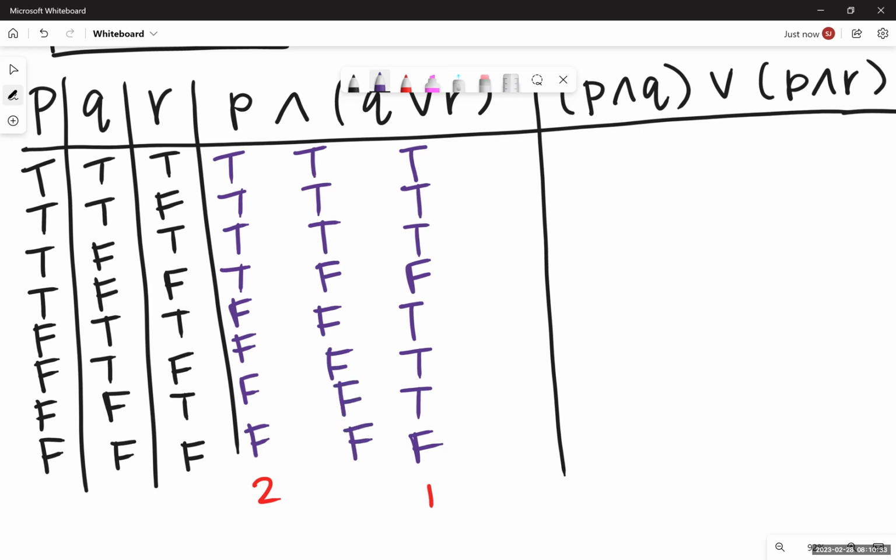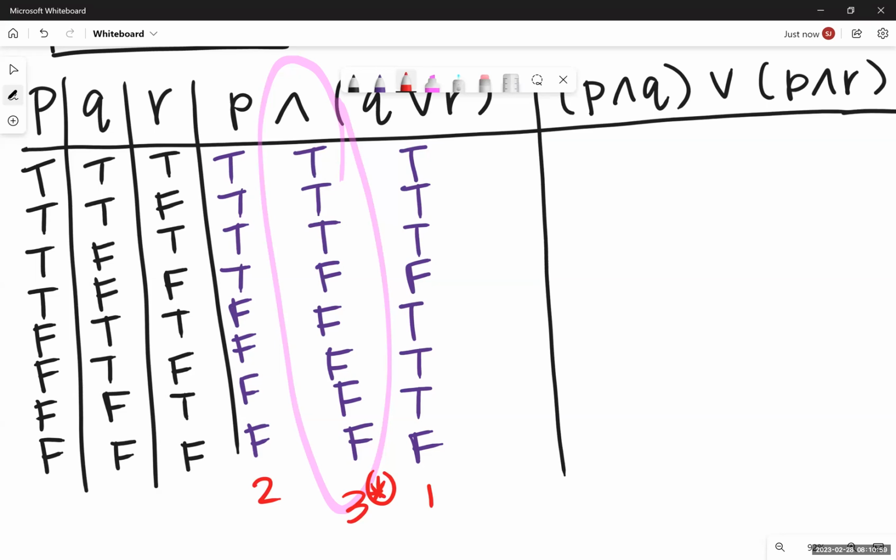Yeah, sorry, I didn't look down to see it yet. So this is the answer column. I'm going to highlight it in this pink right here. This would be the answer column for that very first statement that they gave me. It's 3 T's and then what, 5 F's? So if I answer this other statement in this last column, and my answer column is 3 T's and 5 F's, I say, yes, they are logically equivalent.